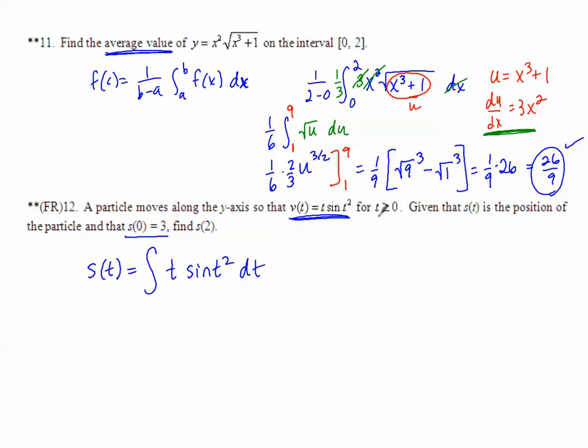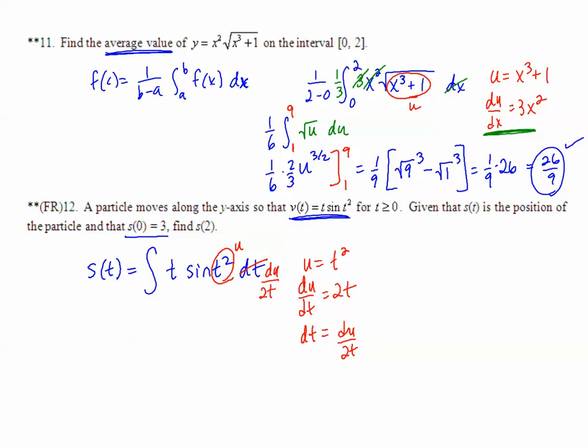And taking that antiderivative requires doing a u substitution because we have more than just t. So if u is t squared, this time we're doing du/dt is 2t. Solving for dt, we have du over 2t. So plug in that spot, du over 2t.